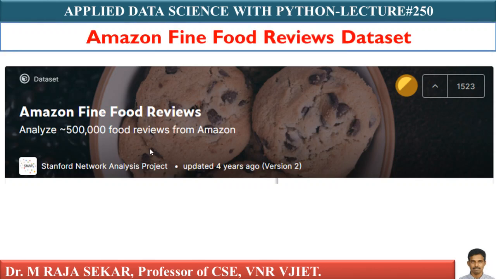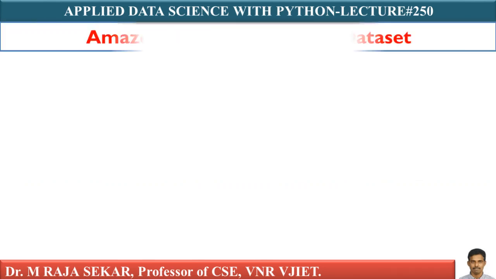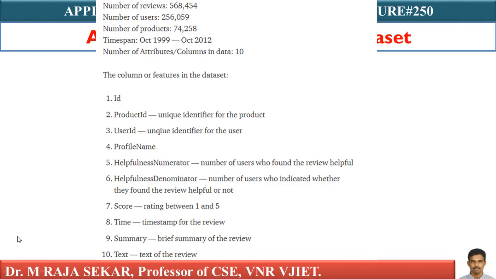Now, if you observe carefully, let me give the top level details of this data set. How many reviews are there? There are 5,68,454 reviews. You must understand this is only a sample, not the entire data set.